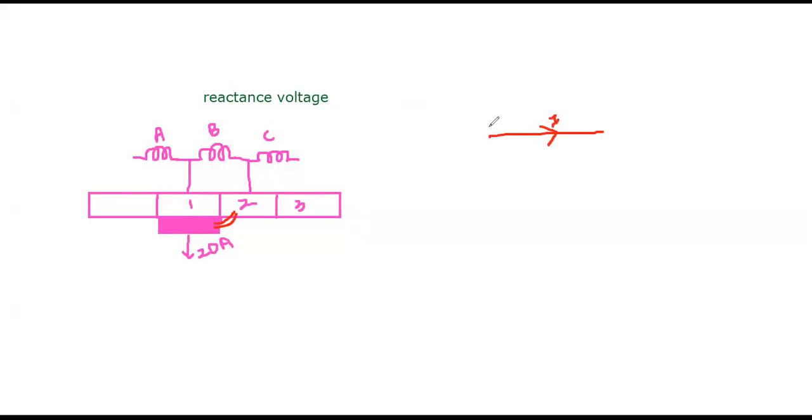When the conductor has a flow of current, there is a potential difference between the conductor, and that is nothing but the voltage, right? Similarly, here there is a flow of current.